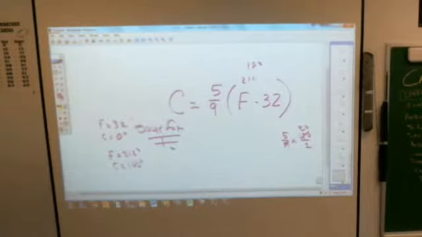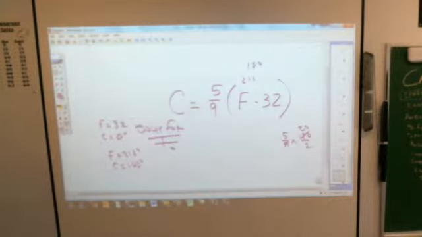Zachary? You add the 32? I can't, because the 32 is firmly attached to the parenthesis. You can't just yank it out of a parenthesis. You have to look at the F minus 32 as one certain unit. So really what you have to do is get rid of the 5/9 first. Any idea how to get rid of 5/9?